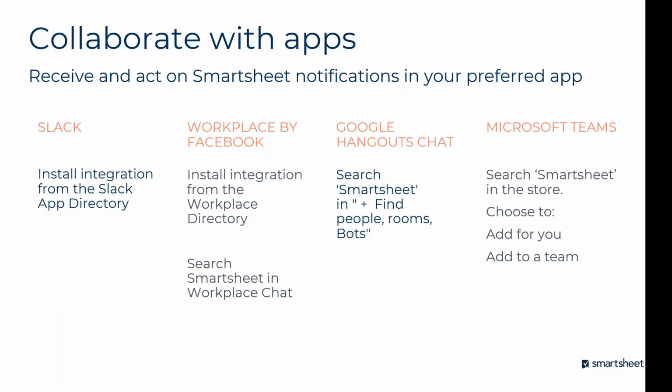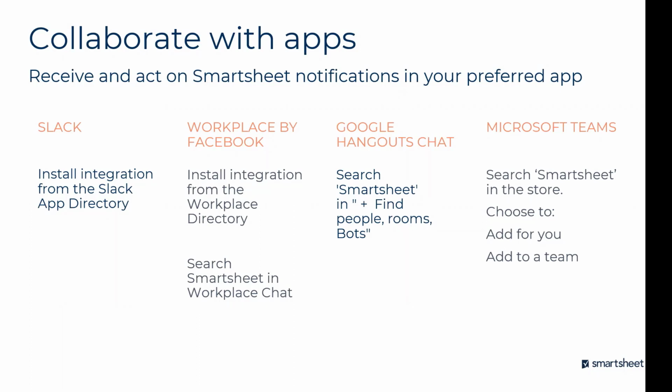But as I mentioned, over in the right side of our webinar program here, you're going to notice a list of resources with links for each of these and more detailed instructions. The most important thing to know here is that instead of receiving all of your Smartsheet automation and notifications by email, you can actually choose to receive it in the place that you might already be working.